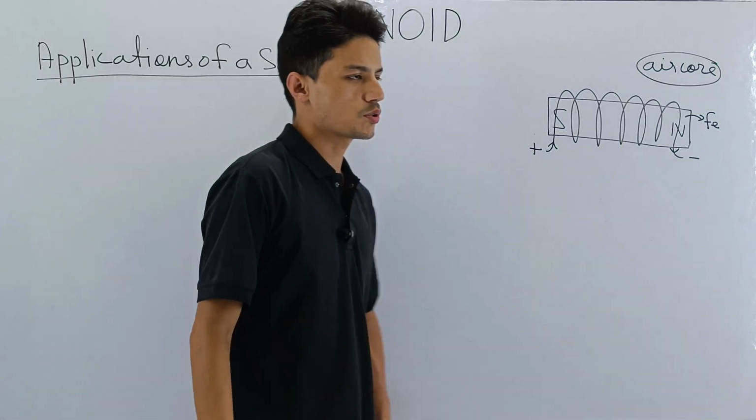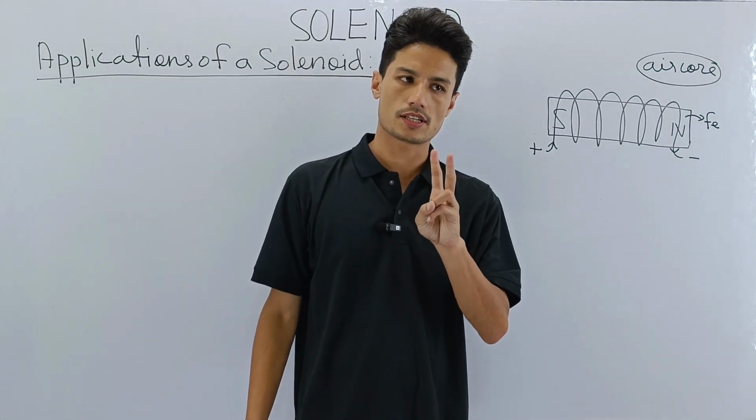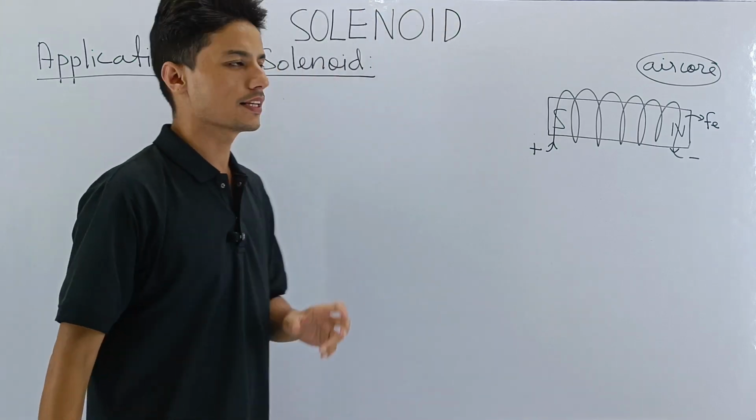Generally a solenoid gives us two major applications. We use a solenoid to make a permanent magnet and a temporary magnet.